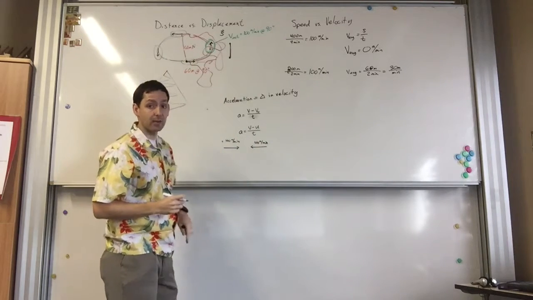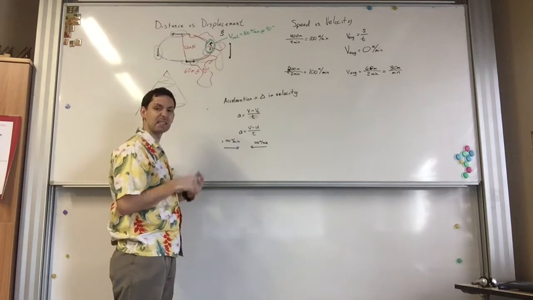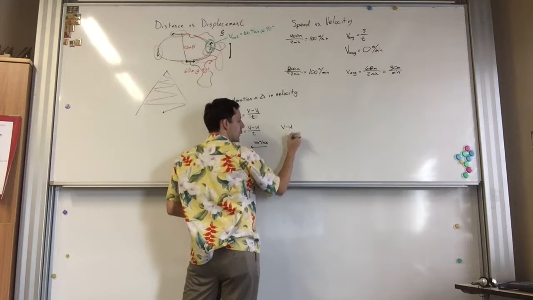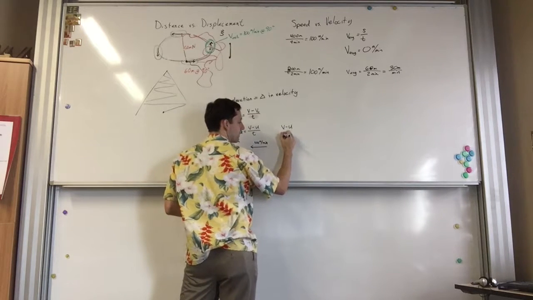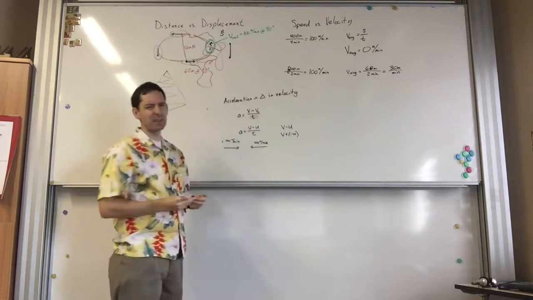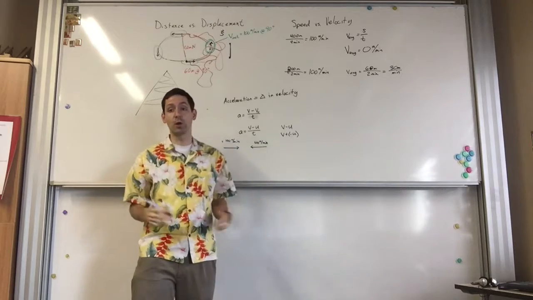Okay, if I subtract those, remember when you add, you go head to tail. When you subtract, it's the same thing as adding a negative. So if I want to do v minus u, that's the same thing as doing v plus a negative u. And that's usually the easier way to do it, because then we just switch the direction of the vector and we go head to tail.